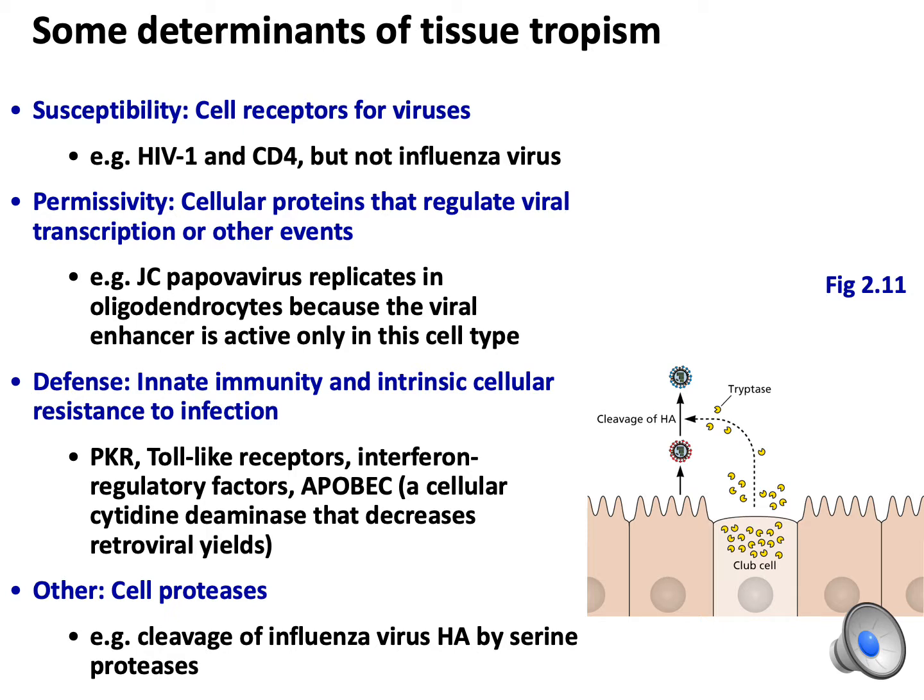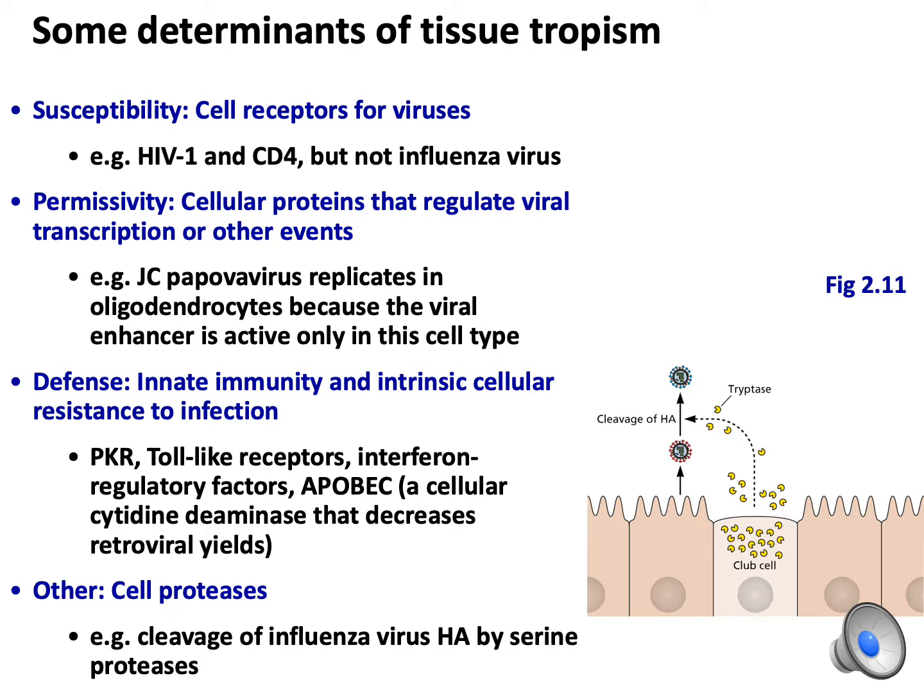So the next slide sort of blows that up a little bit, talks about susceptibility and occasionally receptors playing a major role in tissue tropism, for example, HIV and CD4, but that not being the case, for example, for influenza virus, which interacts with sialic acid.